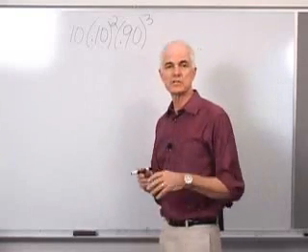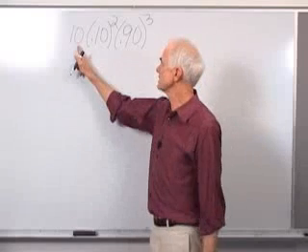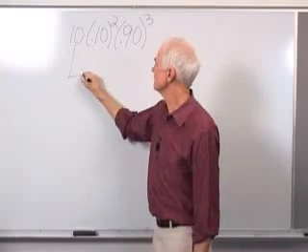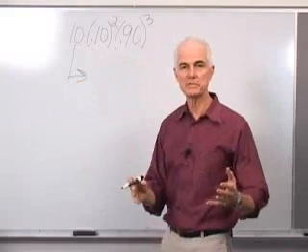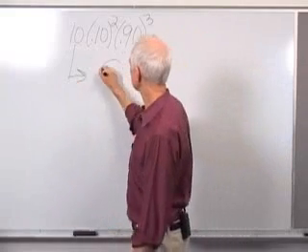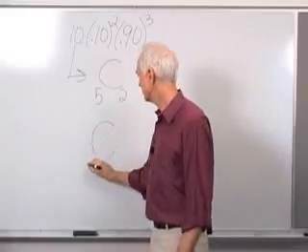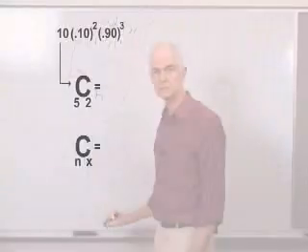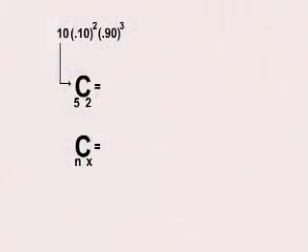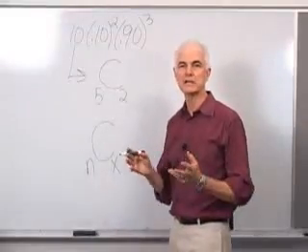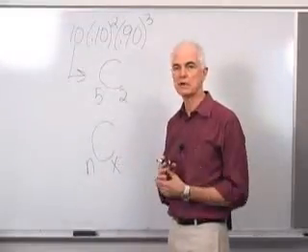We've discovered that there's a shortcut way to determine this value, the weight of how many different sequences. This value can be determined by using combinations. In this case, the combination of 5 things taken 2 at a time. That is, we sampled 5, and we want to get 2 defects. If you work out this combination, it will tell you how many different ways you can have this particular problem occur.